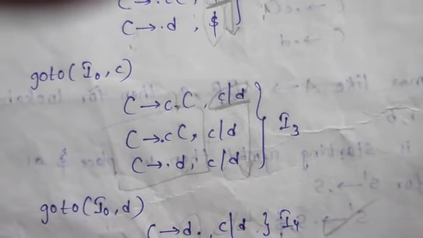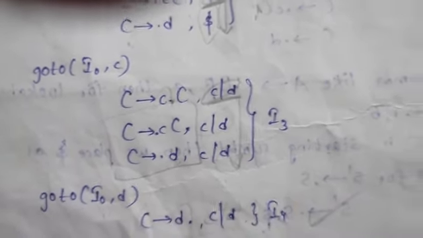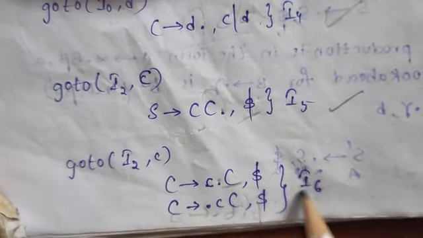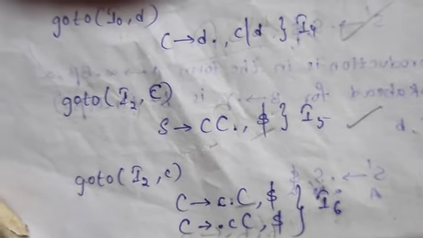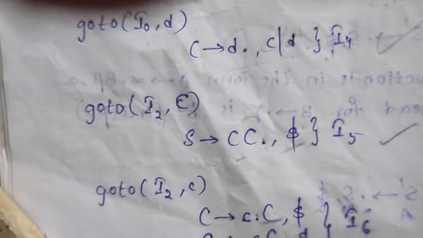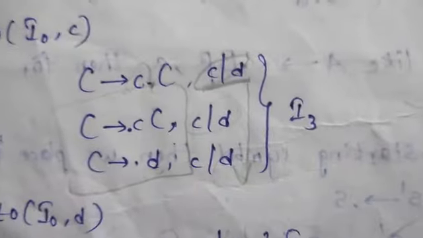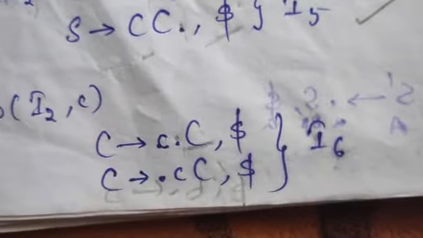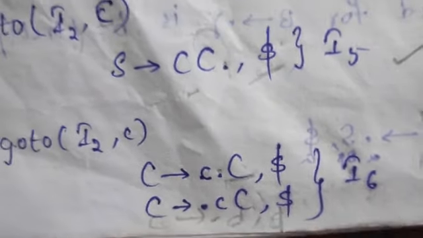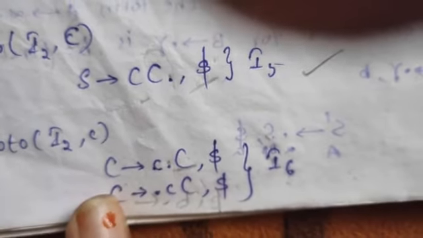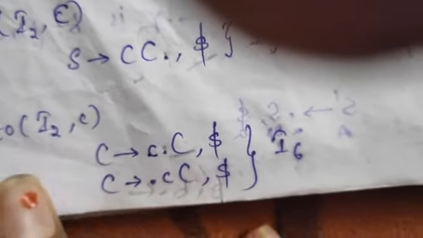It will be the same as I3, but the look aheads there are C/D, while here the look ahead is a dollar. For that reason it will be numbered with a new state, that is I6.